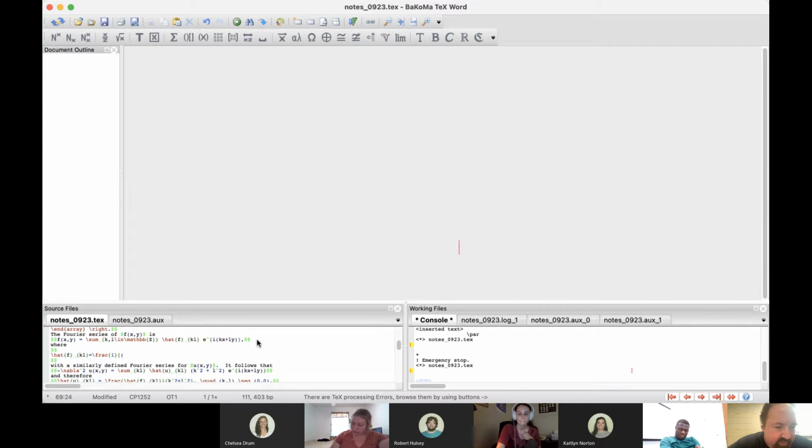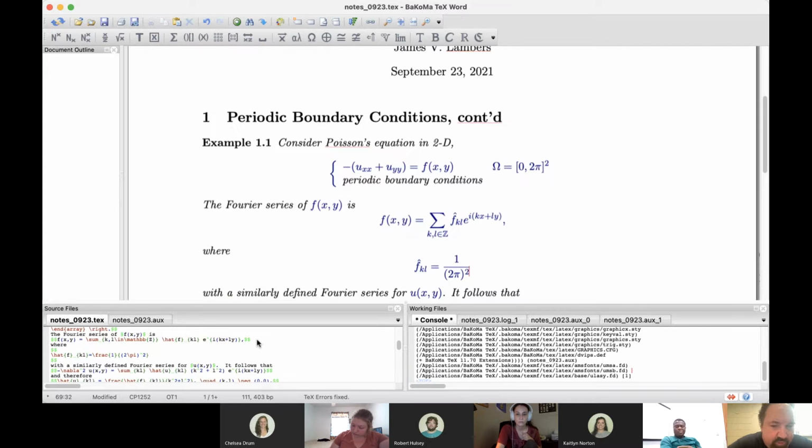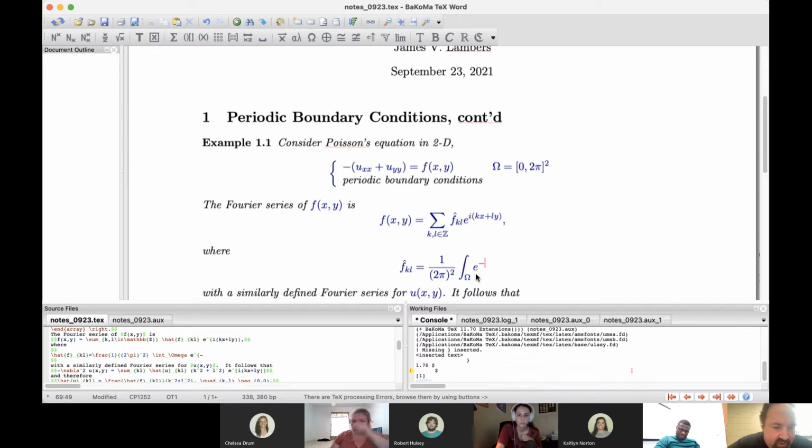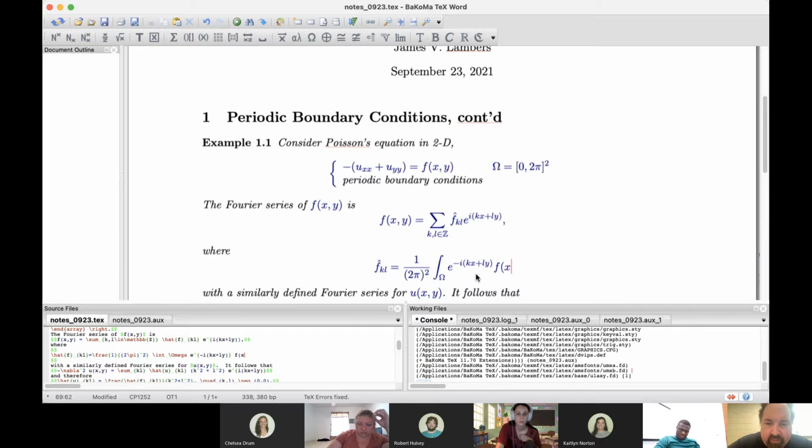All right, so you saw this factor last time, 1 over 2 pi, but because it's two-dimensional, it's 1 over 2 pi quantity squared. And it's the integral over the entire square omega of the minus exponential times f of x, y dx dy.